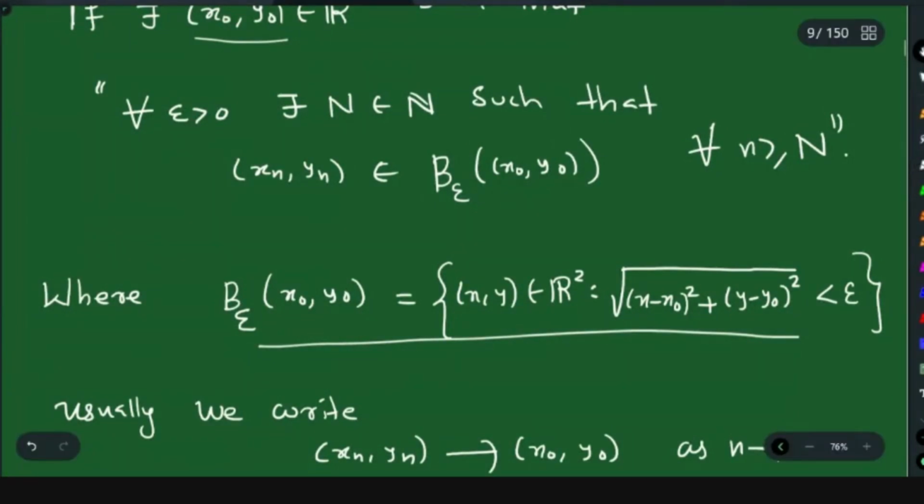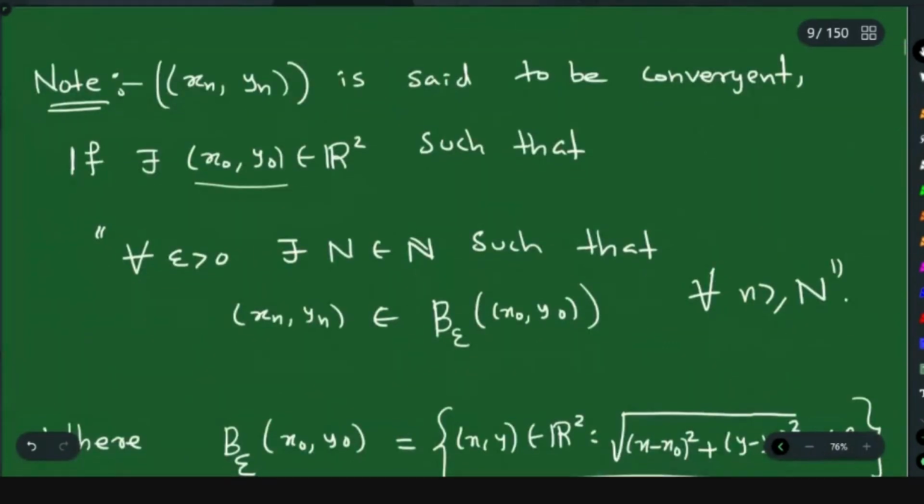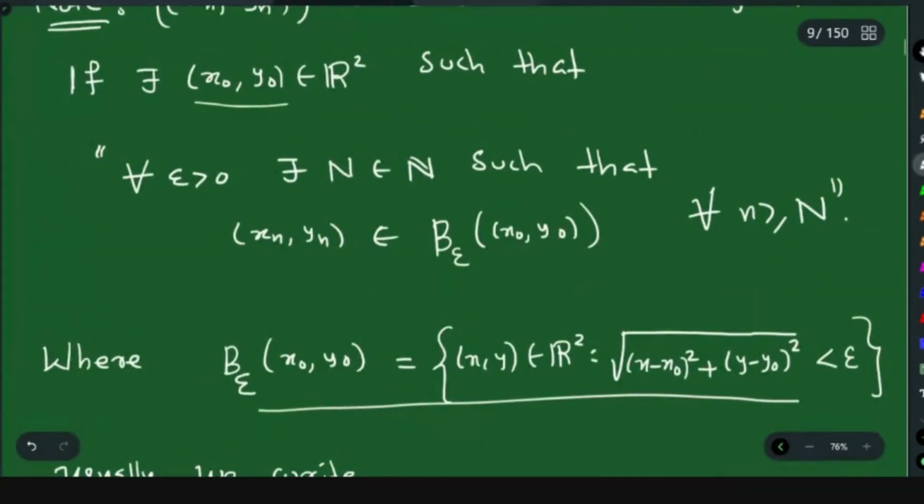So you can just look at the figure. If you want, I can just draw it here. You can understand the concepts using the figure. Somewhere here (x0, y0) is there, and you have a ball with radius epsilon. So what exactly is this?